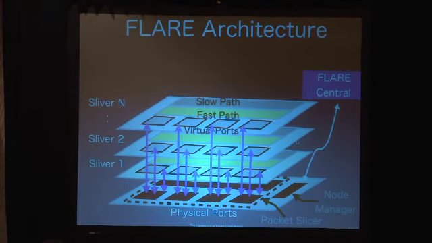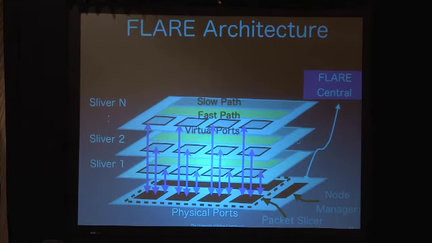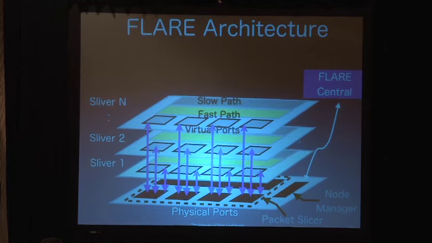And I'm advertising that I brought the real Flare switch. It's very small, and if you power it on, it's very quiet and low, it consumes only 200 watts. It's got 4 10G ports here, and you can create as many as 15 slices.